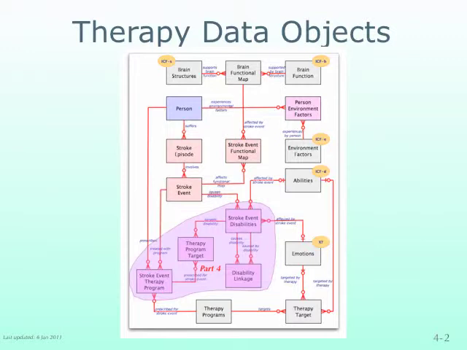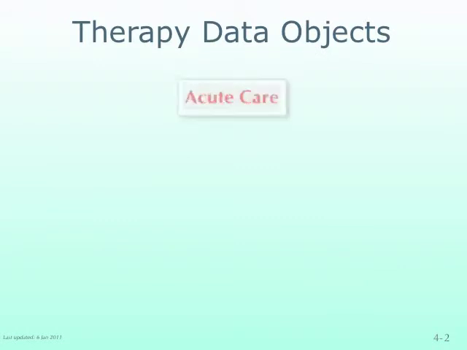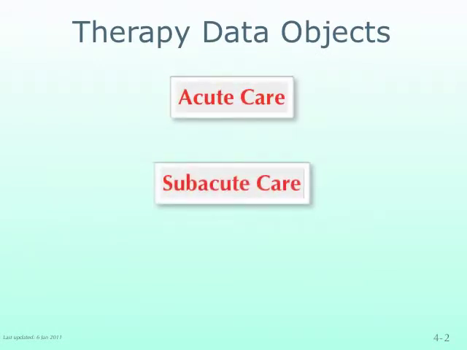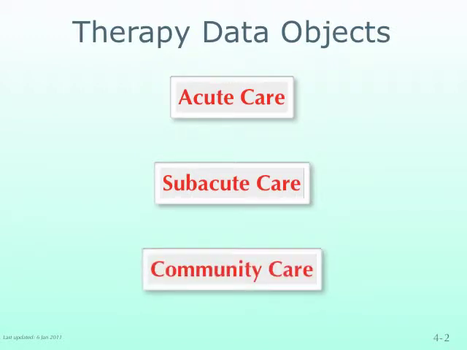But before we get into that discussion, let's briefly summarise the stroke care objectives of the three major phases of a normal stroke recovery journey: the acute care phase, the subacute care phase, and the community care phase.